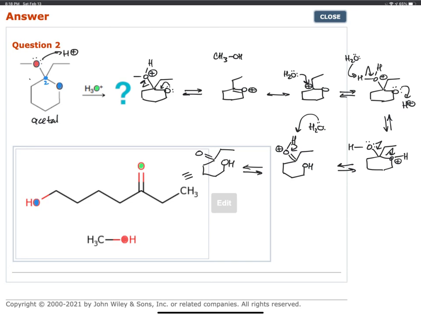So let me just color in these oxygens again as the mechanism proceeds, so you can see where they end up. So the ring oxygen is the blue one throughout.